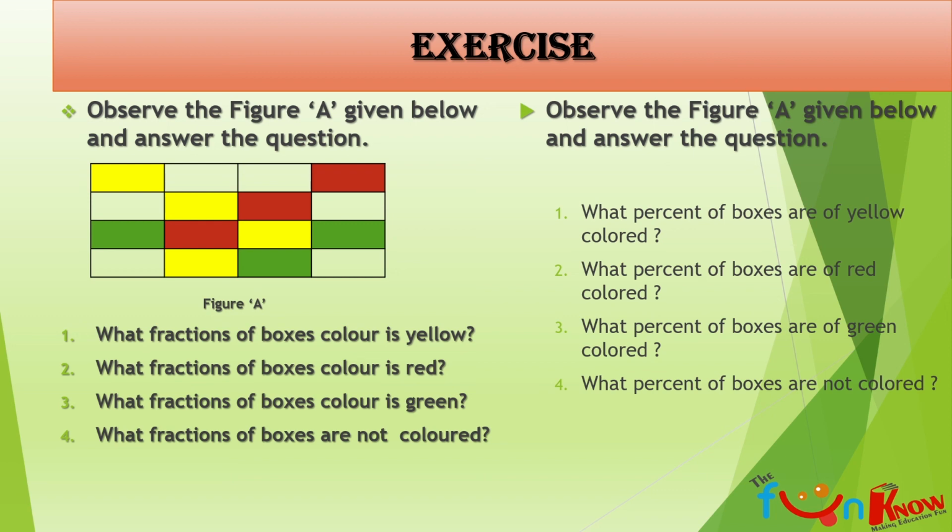So same here, whatever values you are getting: here you got 3 by 16, here also 3 by 16, and here 6 by 16. So you will do 3 by 16 into 1 upon 100, 3 by 16 into 1 upon 100, and 6 by 16 into 1 upon 100, and whatever the value will be, that will be the answer. You just have to multiply and give the answer.